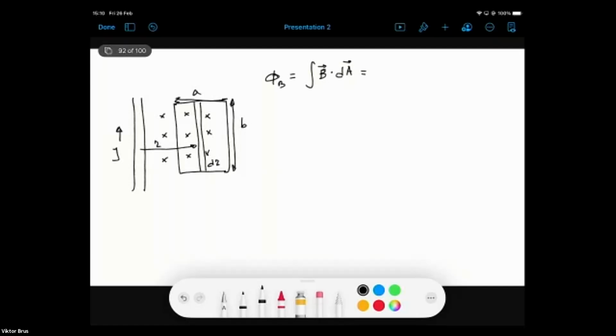Since the direction normal to the surface of this rectangular frame is parallel to the magnetic field vector, we will get just the integral of the product of absolute values, magnetic field vector and dA.